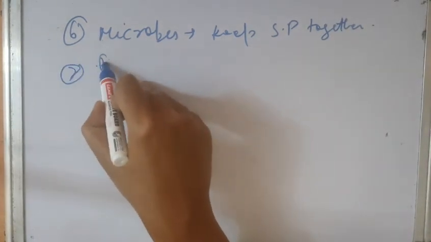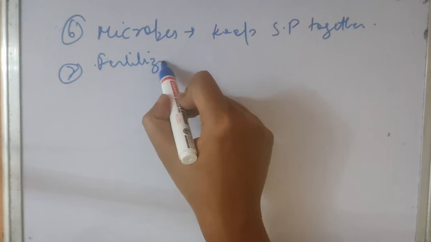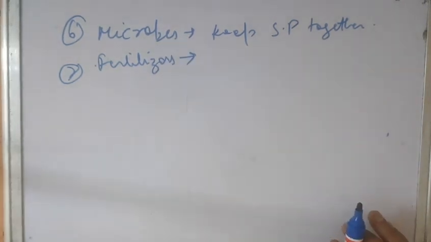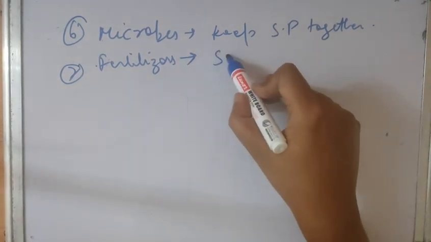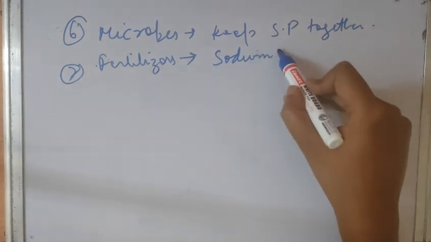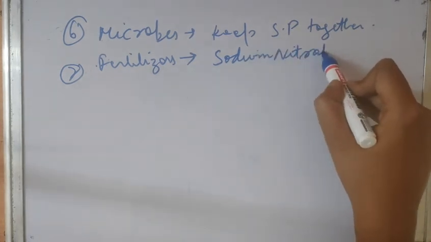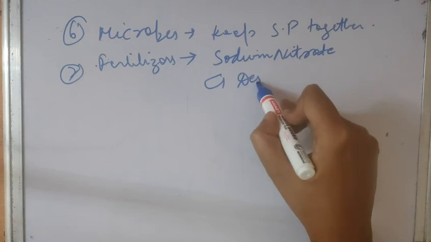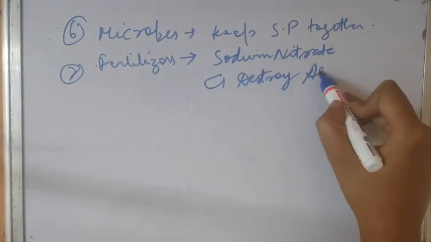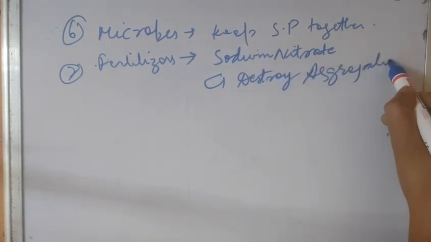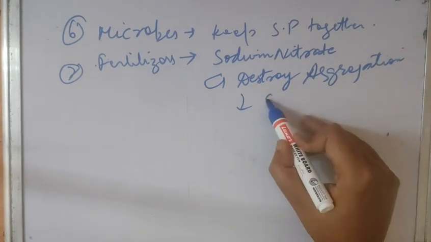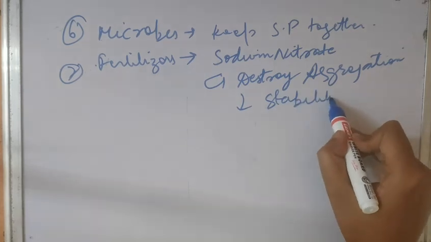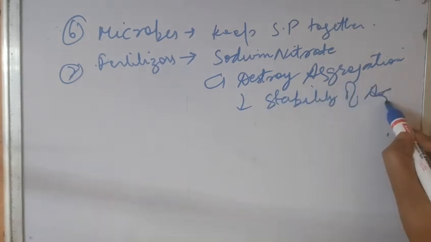What about fertilizers? Fertilizers like sodium nitrate destroy granulation by reducing the stability of aggregates.